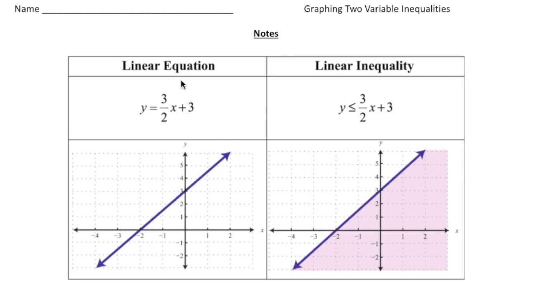We have a linear equation on the left hand side, and a linear inequality on the right hand side. Can you tell the difference? Well, all the solutions to the linear equation are on this line. That point is a solution, that point is a solution, and all the points in between.